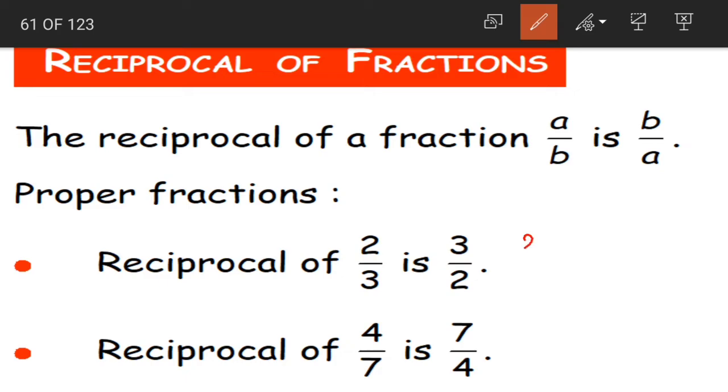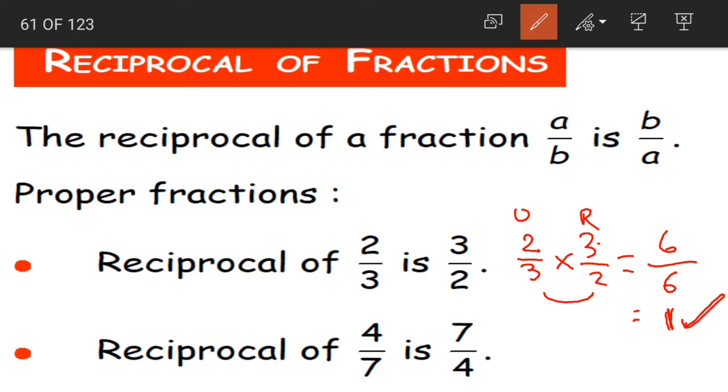And again, if you check, what happens when we multiply the reciprocal with the original? R means reciprocal here, O means the original number. When we multiply, the answer should be 1. See, we have 2 into 3, 6, divided by 3 into 2, 6. Now 6 divided by 6 is 1. Yes, so 3 by 2 is the reciprocal of 2 by 3.